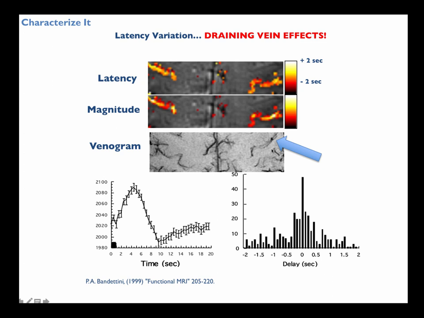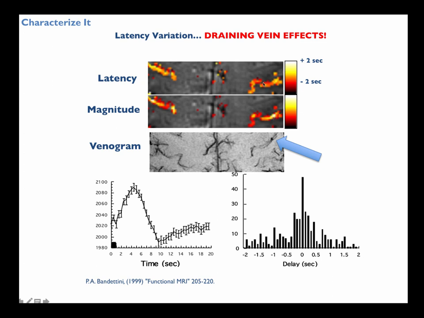And so it turns out that this is an early work in which we had a hemodynamic response here, and we did a poor man's sort of latency map by shifting this right and left until we maximized the correlation with the response. And this is just bilateral finger tapping. And what we find is that the latency spread is plus or minus 2 seconds in the brain. And that just doesn't occur neuronally typically, especially within the motor cortex. And it turns out the magnitude also varies.